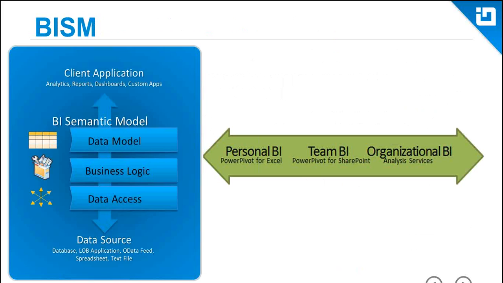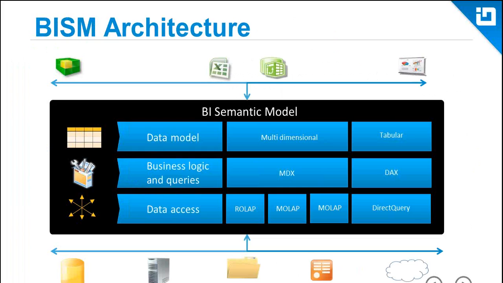You can see on the right-hand side the arrow says Power Pivot for Excel, Power Pivot for SharePoint, Analysis Services. So all these things use Analysis Services. So this is the semantic model.